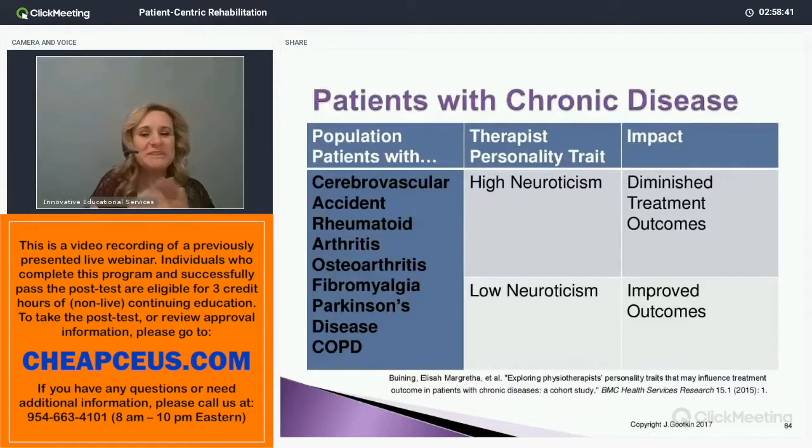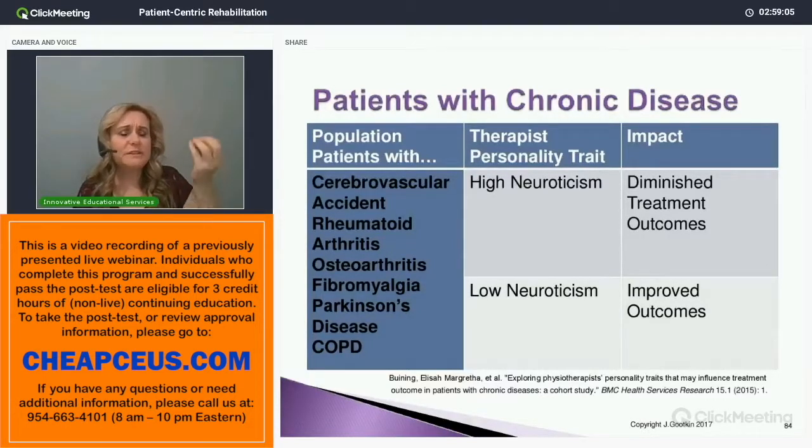If we look at this therapist effect on patients who have different chronic diseases, they're finding that it does play a role for the patient. Things like rheumatoid arthritis, which is more of a long-term condition, or someone with fibromyalgia, where their pain levels and endurance and ability to function will fluctuate over time.